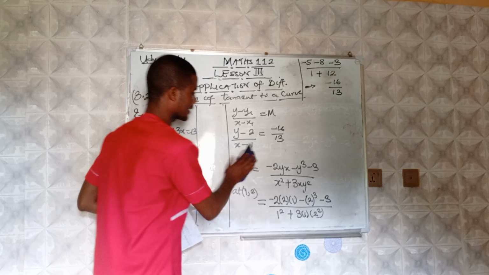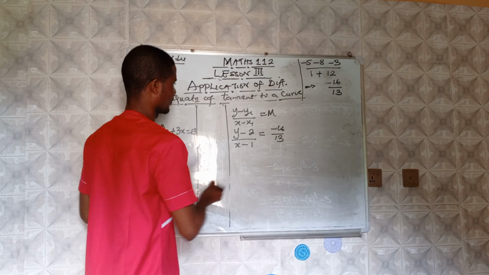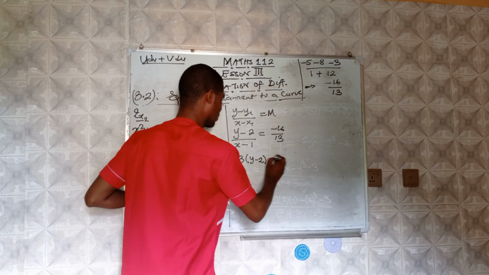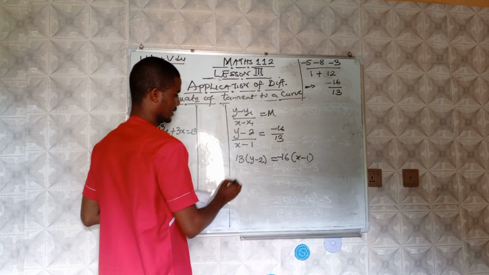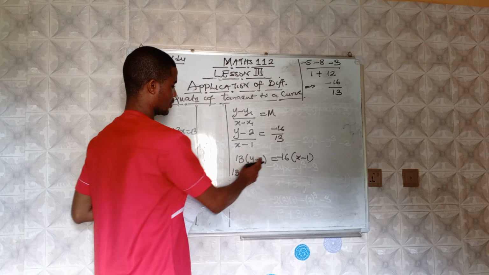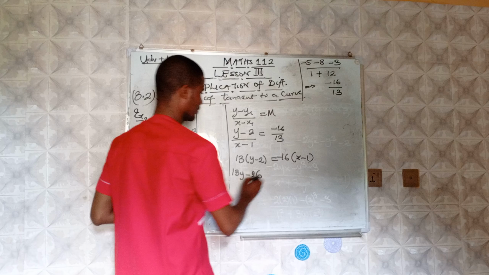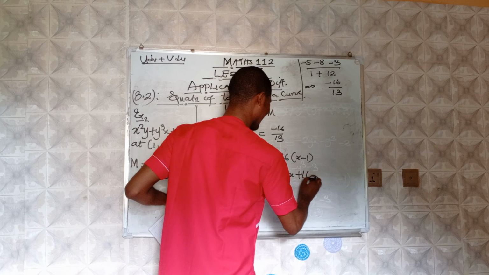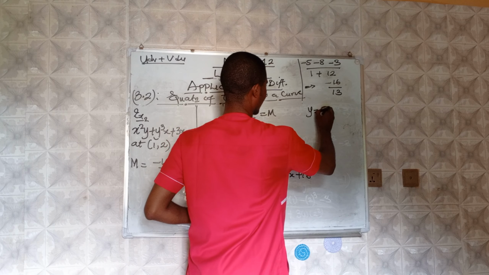So at this point, I have 13 into (y minus 2) equals minus 16 into (x minus 1). This will give me 13y minus 26 equals minus 16x plus 16. Remember that we are looking at the equation of a straight line.